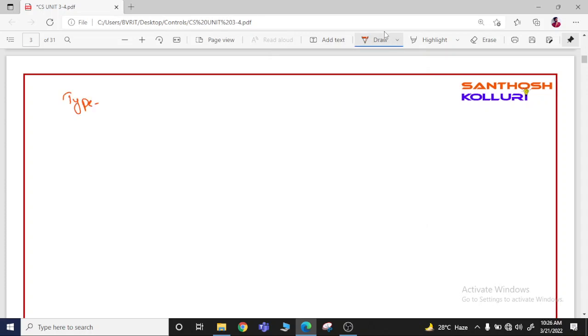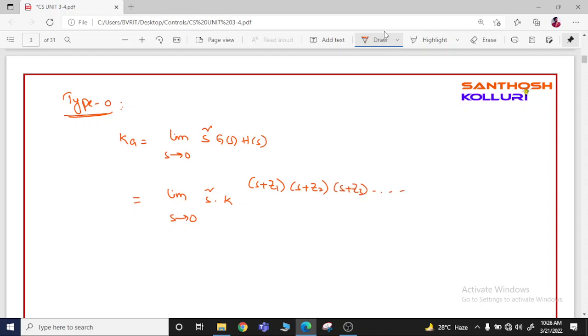For a type 0 system, Ka will be limit s tends to 0 of s square into G(s) H(s). G(s) into H(s) can be written as K into numerator terms Z1 Z2 Z3 and so on, divided by denominator terms P1 P2 P3 and so on.